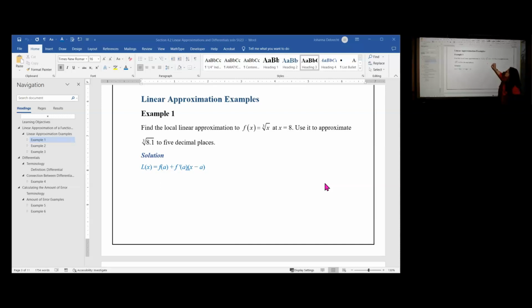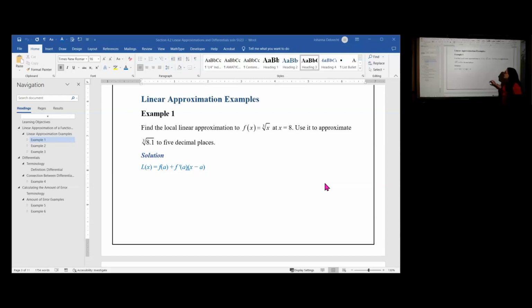But what if I wanted to know what the cube root of 8.1 was, or the cube root of 7.8? Those values are close to 8, but they're not 8. I would need a calculator to be able to find those, except that now I can use the local linear approximation. In other words, the tangent line to the function at the point 8.